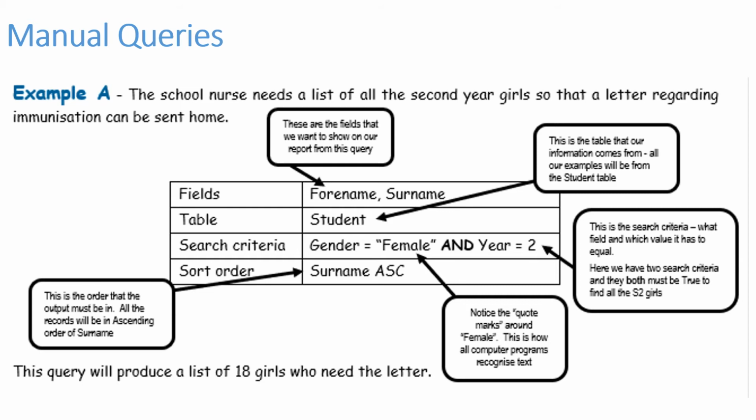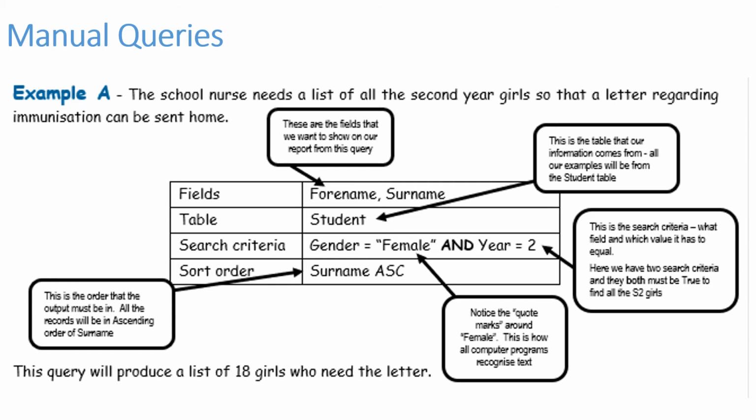If it's a number, you don't need to put quotation marks. And then the sort order, unless otherwise specified, it's always going to be ascending. So just search for surname ascending in this one, and it's going to pull it up as surname alphabetically from A to Z.